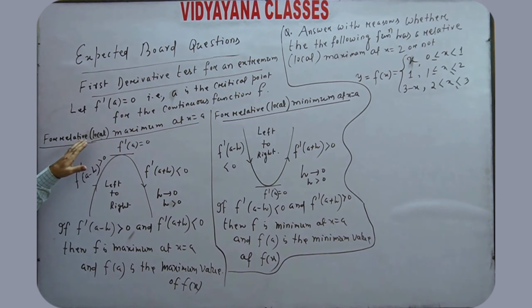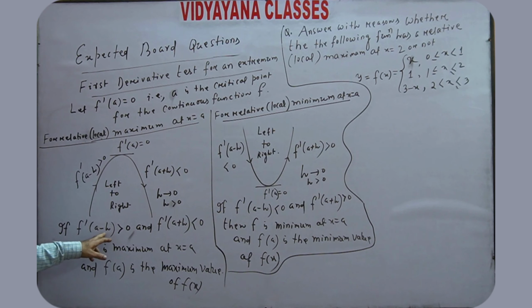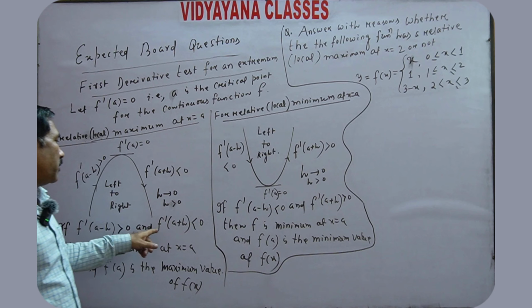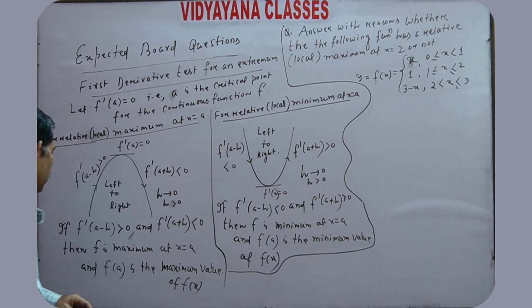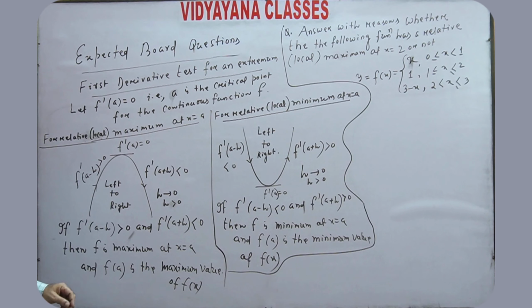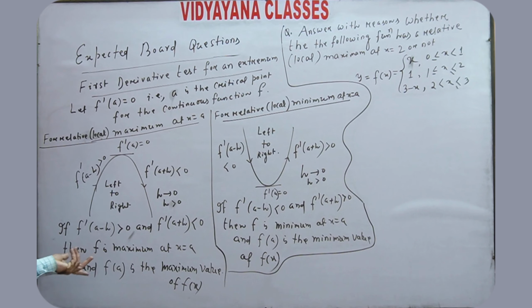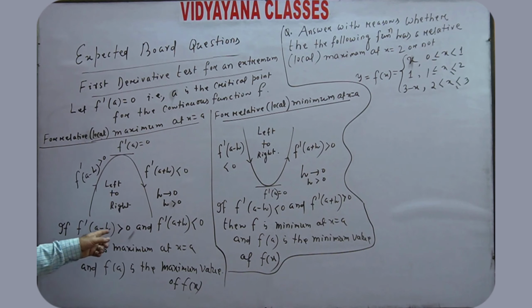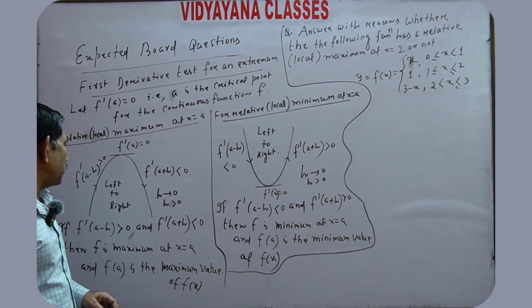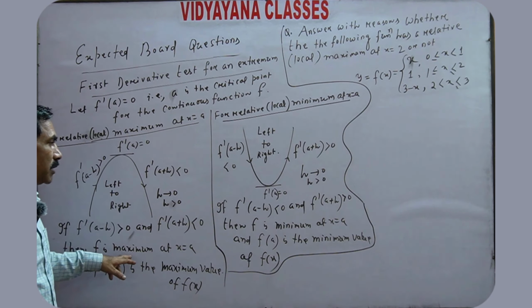For a relative or local maximum at x = a: if f'(a − h) > 0 and f'(a + h) < 0, then f is maximum at x = a, and f(a) is the maximum value of f(x). In other words, if the derivative changes its sign from positive to negative, moving from left to right, it attains the maximum position.